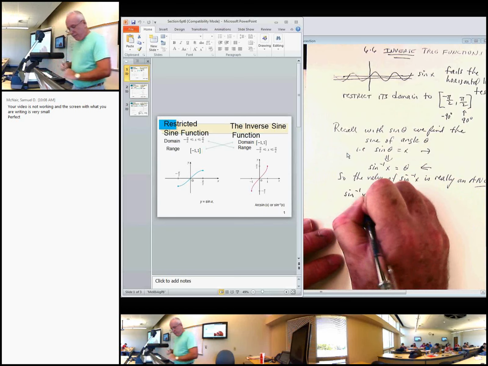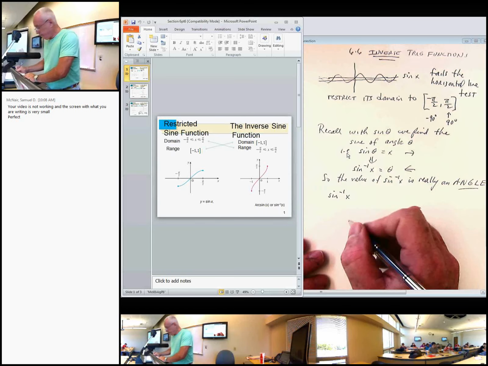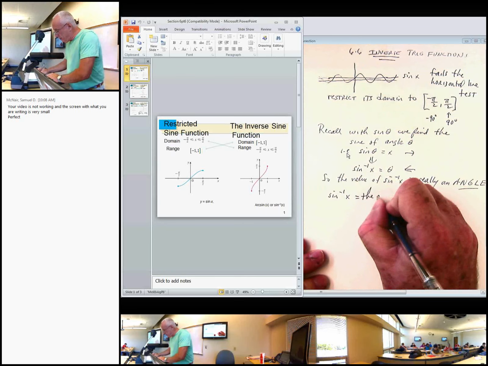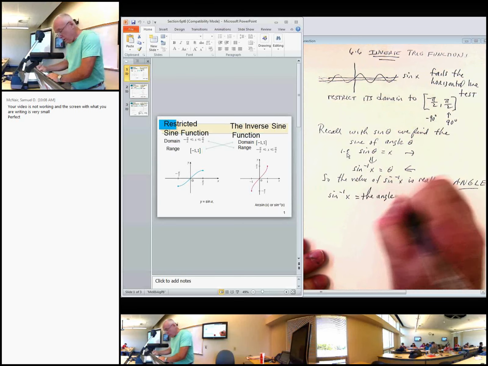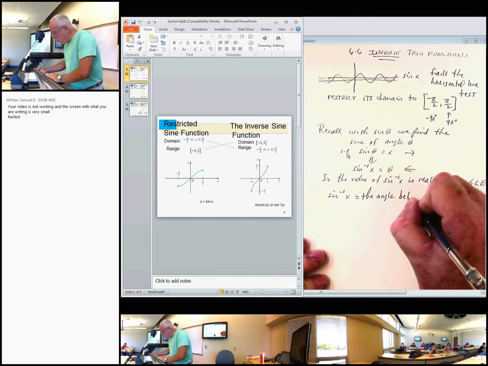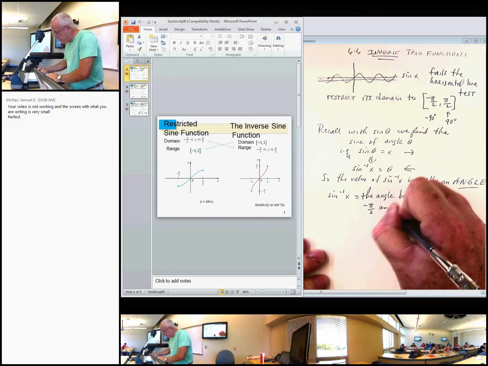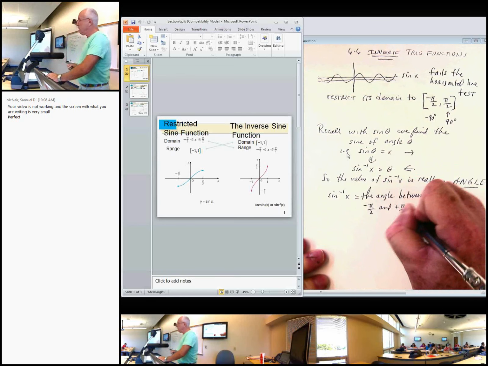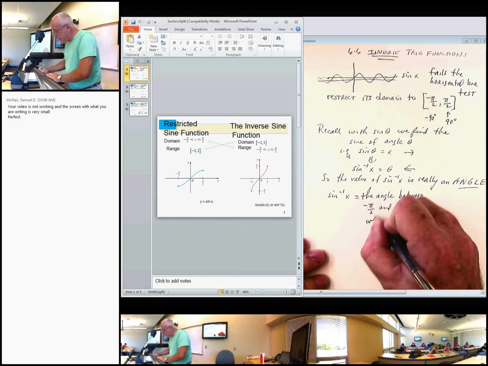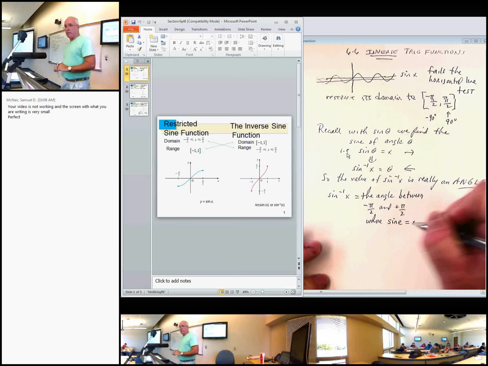Sine inverse of x is equal to an angle. And the angle has got to be between negative pi over 2 and positive pi over 2. And it's the angle between those two values whose sine is equal to the value x.